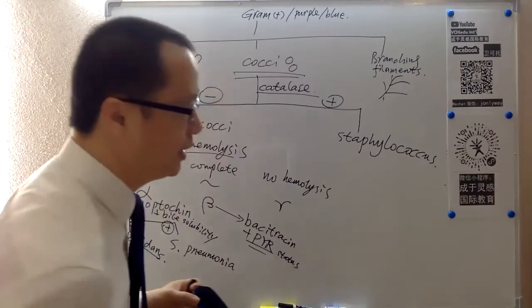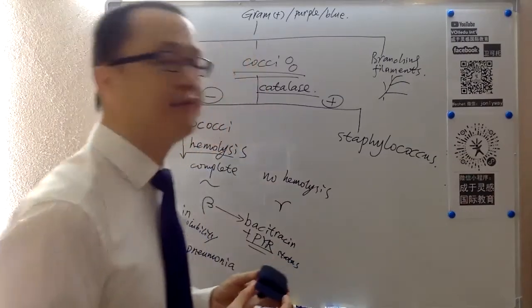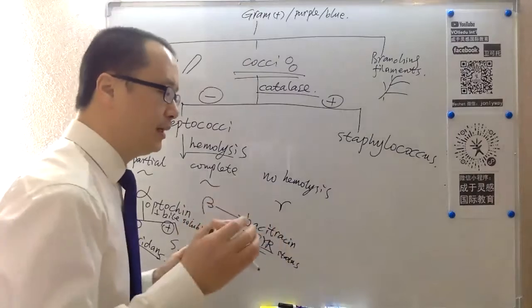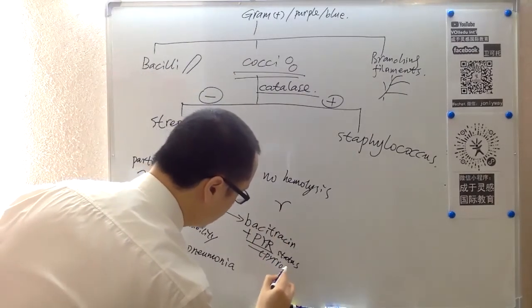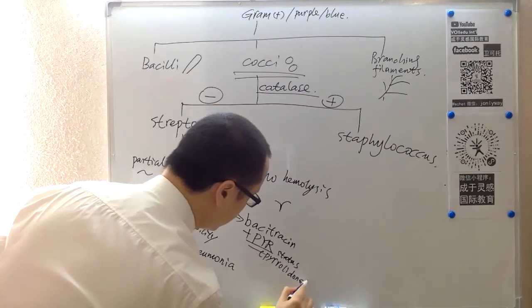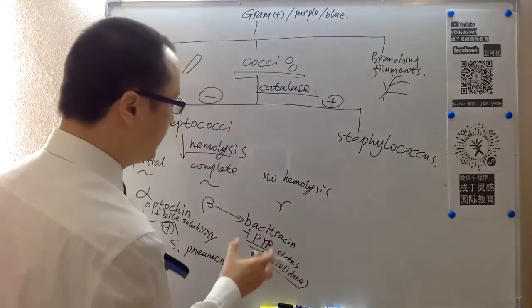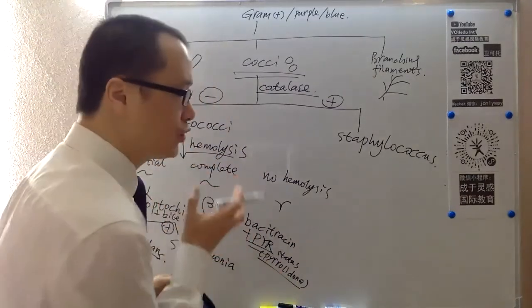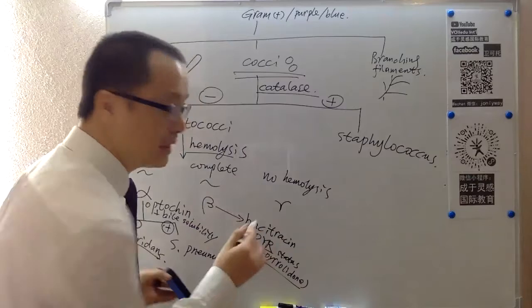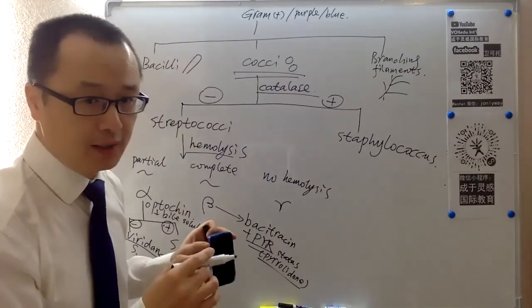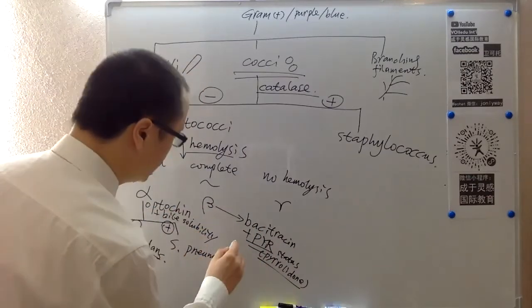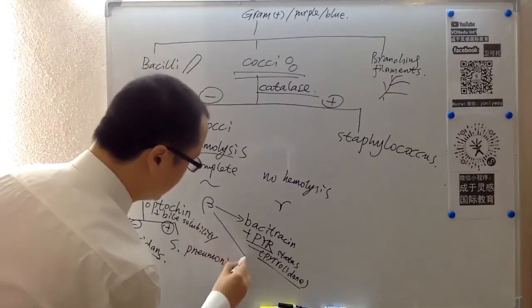PYR is the abbreviation of pyrrolidone. We can make use of bacitracin and the PYR pyrrolidone to further categorize beta.